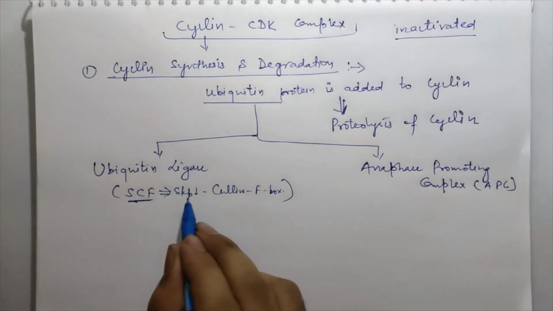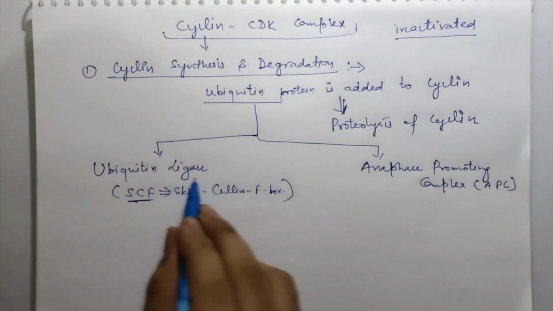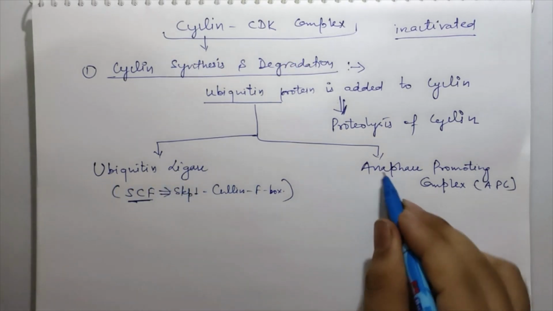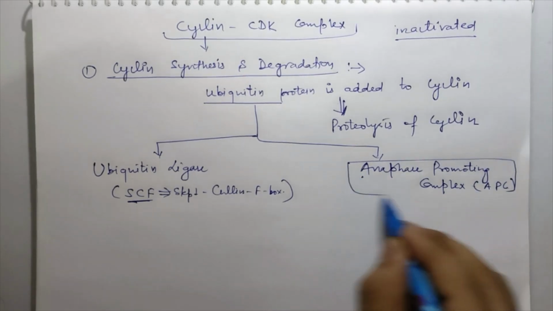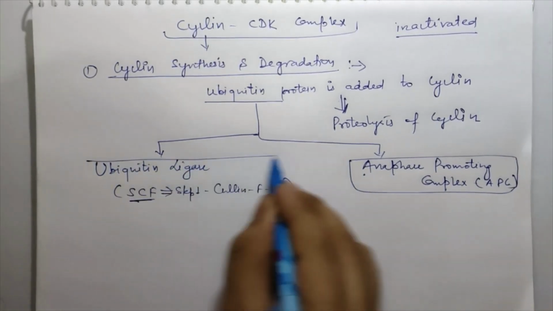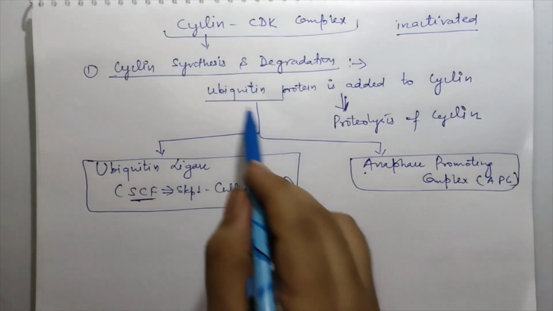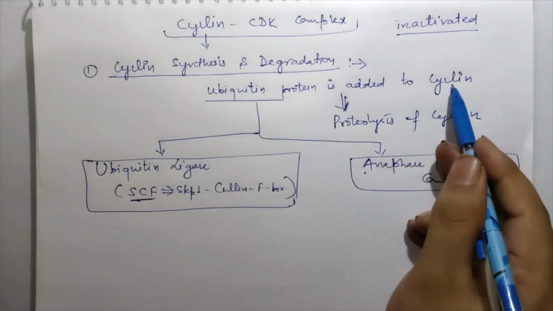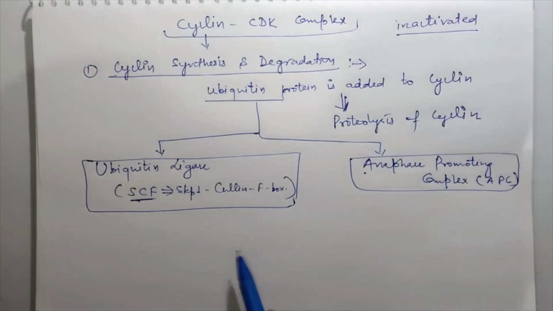These are ubiquitin ligases that help in addition of ubiquitin to the cyclin, and ultimately proteolysis of cyclin is achieved.